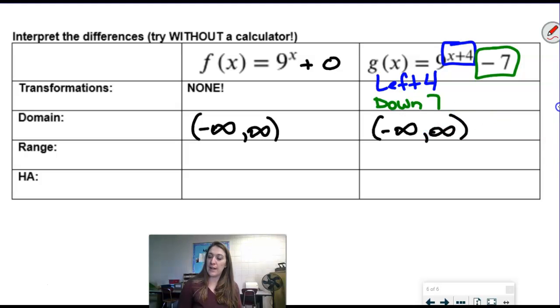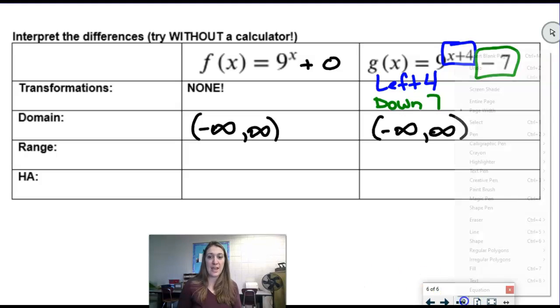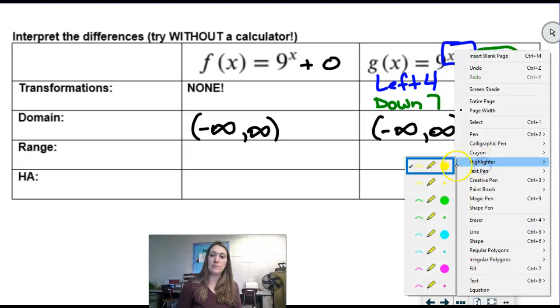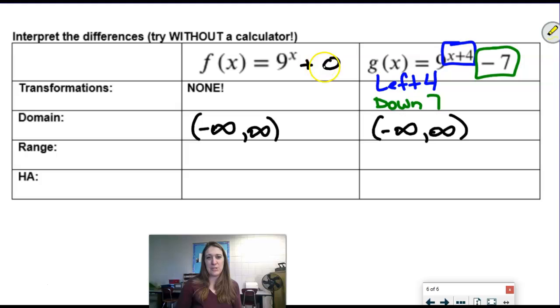The range has everything to do with the k value. There's no reflection here, which is kind of the obscure case. If it's been reflected, your range is a little different, but it still would have something to do with the k value. So the fact that we have a plus 0 here, but a negative 7 there, a down 7 shift, affects where the range starts.